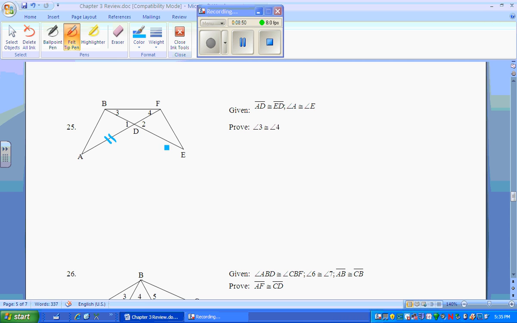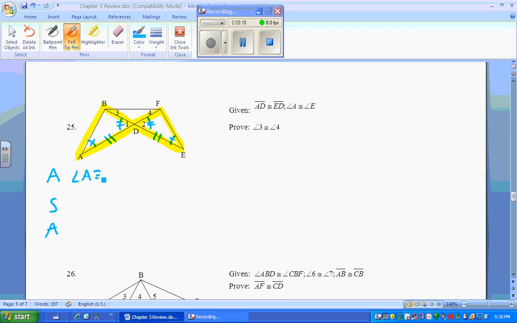Moving on, AD for 25 is congruent to ED, and angle A is congruent to angle E. What else do you know? Ooh, angle 1 and 2 are vertical. Now you can see that you can prove the triangle over here and the triangle over here are congruent by angle, side, angle.